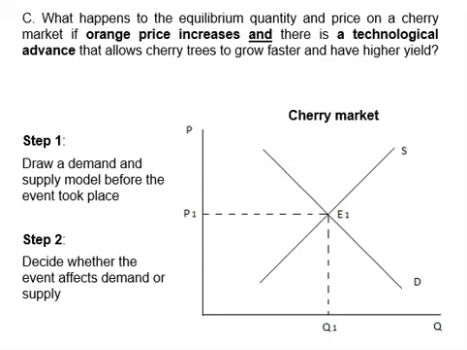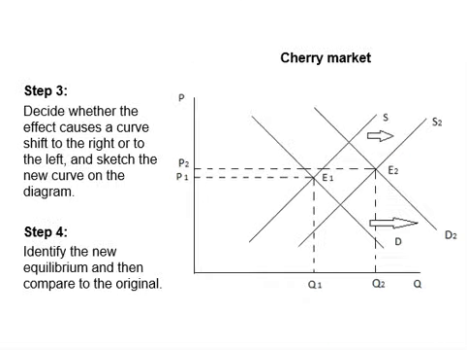As we analyzed in the first two examples, when orange price increases, demand for cherries will increase. When there is a technological advance for cherries, cherry supply will increase. For step 3, we draw the new demand and supply curves on the right-hand side of the old curves to depict increases in demand and supply.